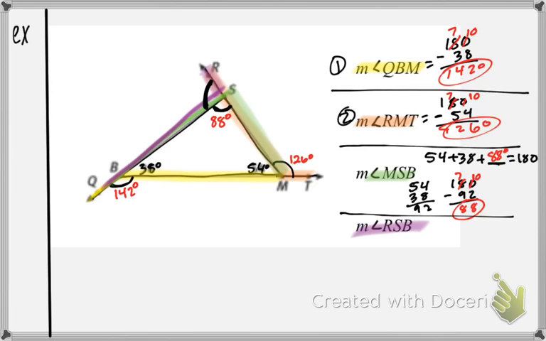So I know that together they should add up to 180, so I'm going to go ahead and do a 180 minus 88. That should give me, this is 7, 10, that's 2, and then 17 minus 8 is 9. So we got 92 degrees on the exterior angle over here.